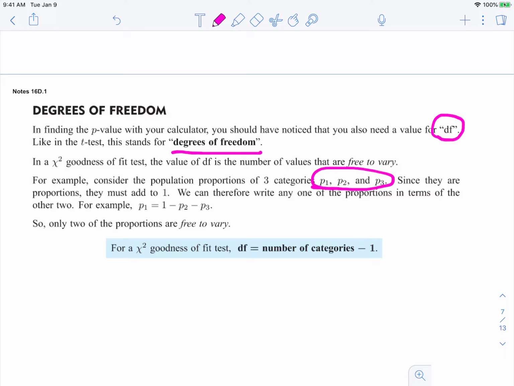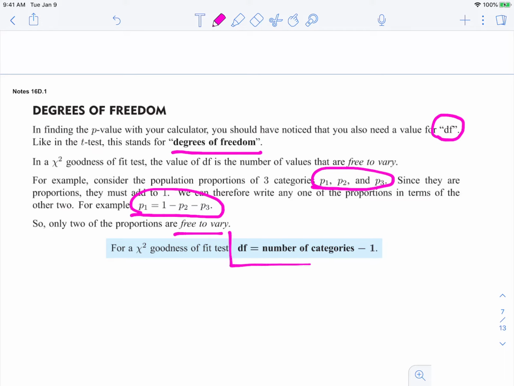Since the proportions must add to 1, we can therefore write any one of those proportions in terms of the other. So for example, p sub 1 would equal 1 minus p sub 2 minus p sub 3. So only 2 of those proportions are free to vary.